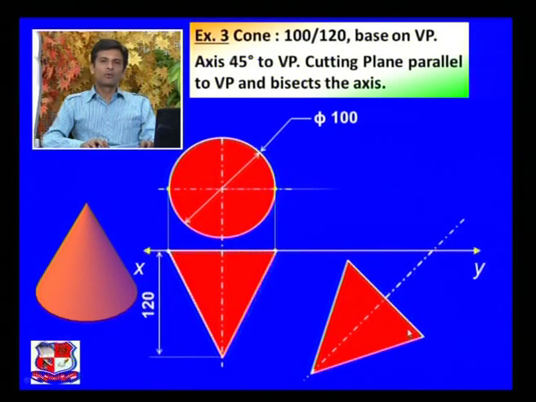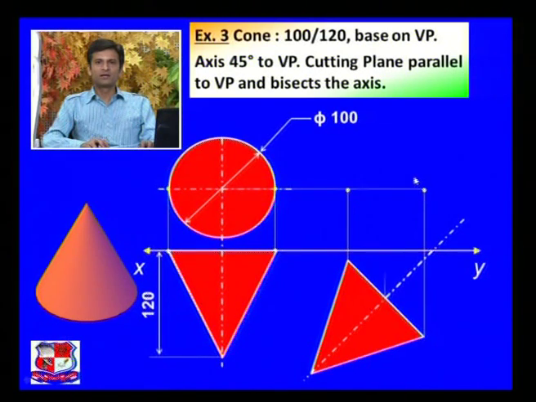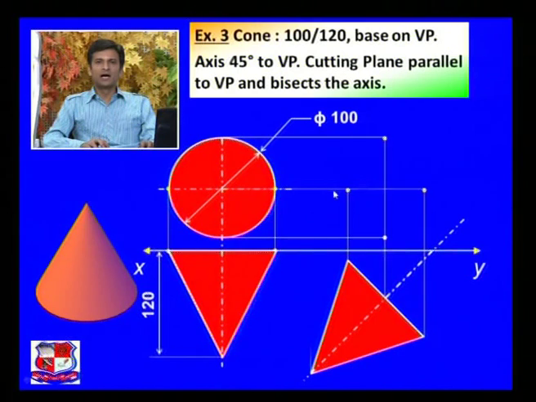Now draw projections from these endpoints as we do always. Vertical line from this point, horizontal line from this point, then vertical line from here, horizontal line from here. So 4 points are here that we have put over here, and as these 4 points represent this base which would be elliptical, and this base is not visible to us, they should be joined with a smooth curve.